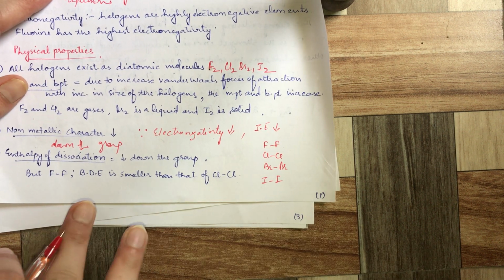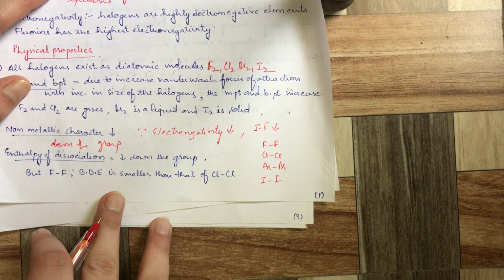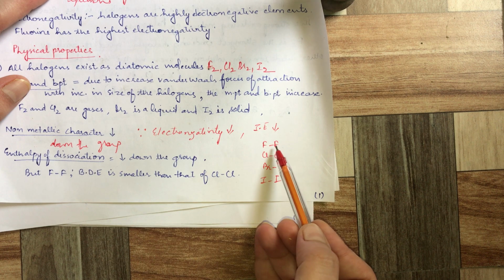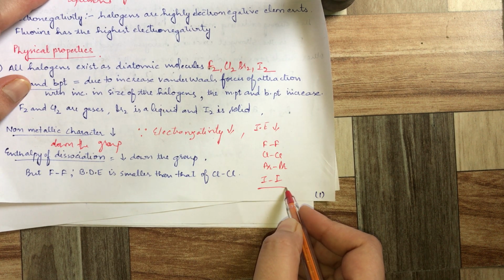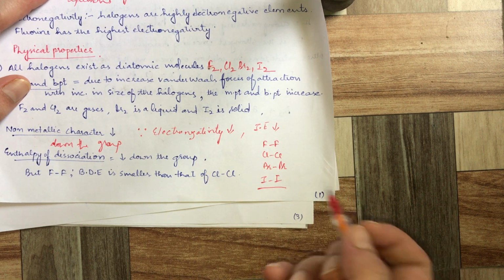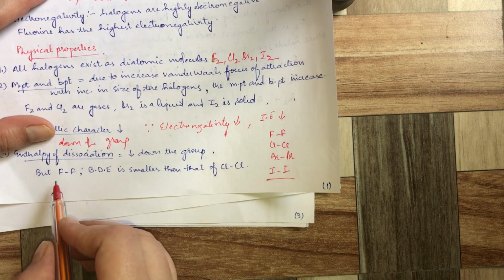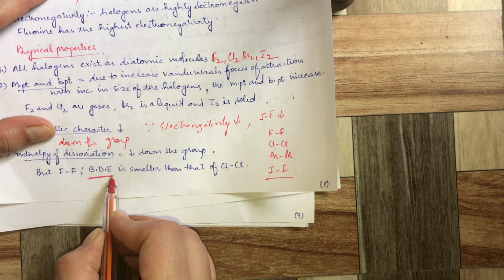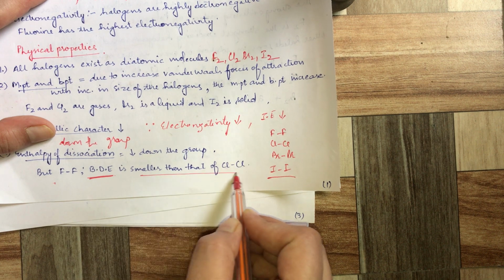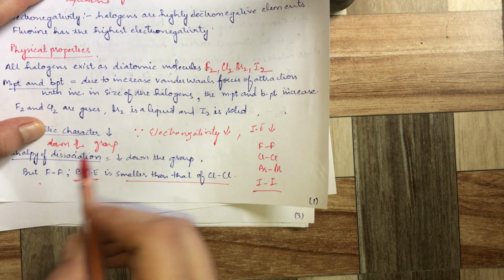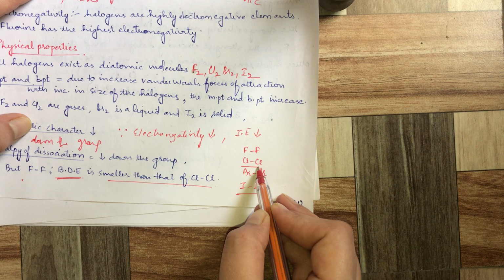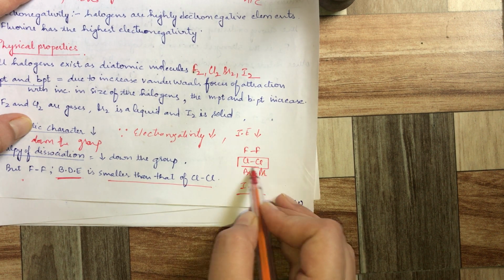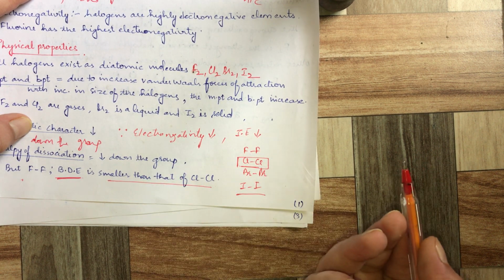This is in accordance with the concept we have discussed here. But there is an exception. The bond dissociation enthalpy of fluorine is smaller than that of chlorine. This means the bond between chlorine and chlorine is more difficult to break than the bond between fluorine and fluorine.